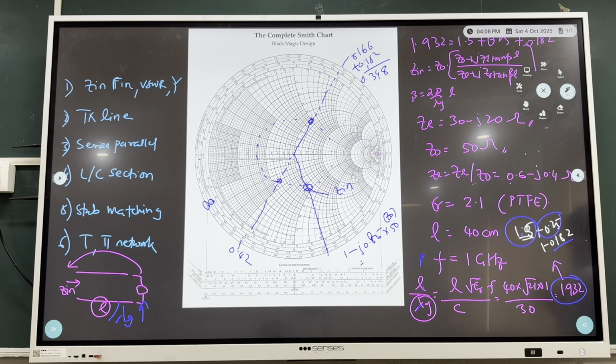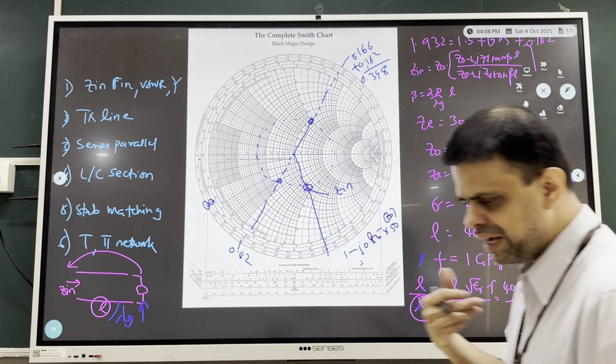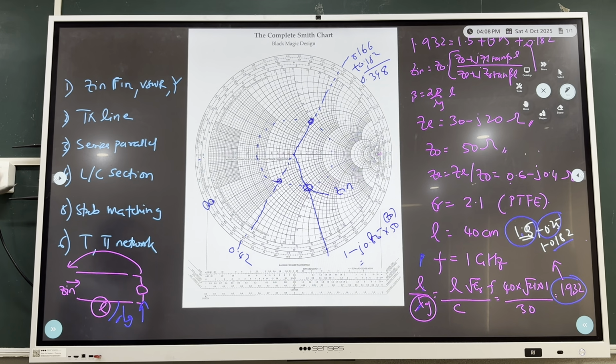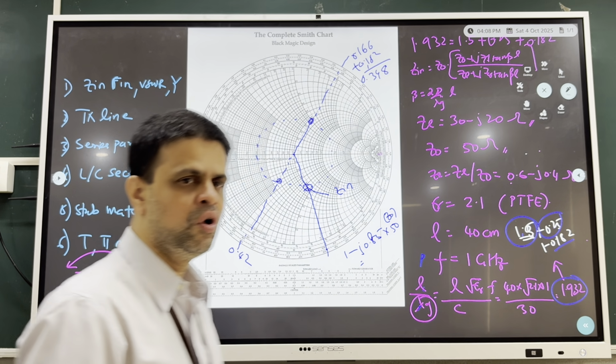So this is how you arrive at the input impedance of the transmission line using the Smith chart. If you compare with the numerical equation calculation, it matches very closely with the value obtained using the Smith chart, and the procedure is also very fast.